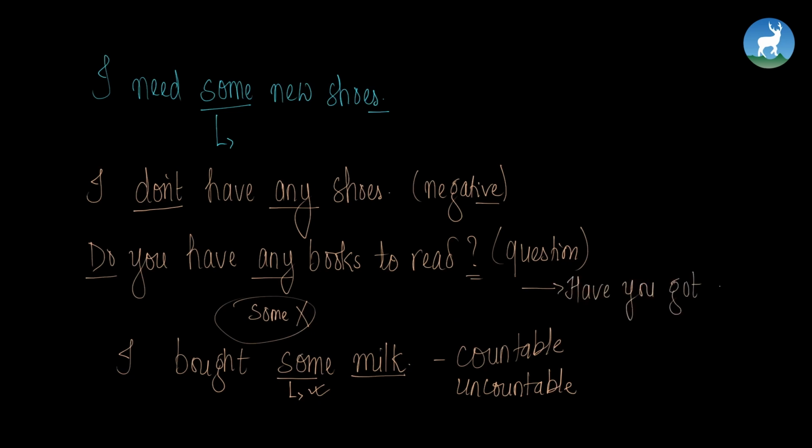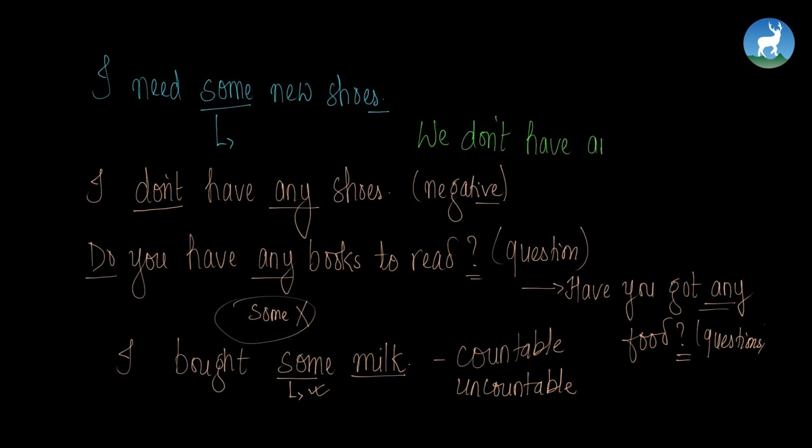Have you got any food? Now I'm asking a question here, and so as I had told you, we use any for question sentences. If it was negative, what would we have written? We would have written, we don't have any milk, right? Here, there's a use of the negative word don't, and for negative statements, we always use any. We don't use some, okay?